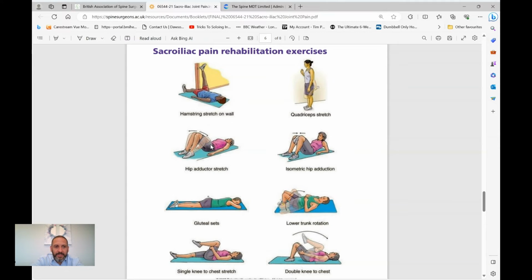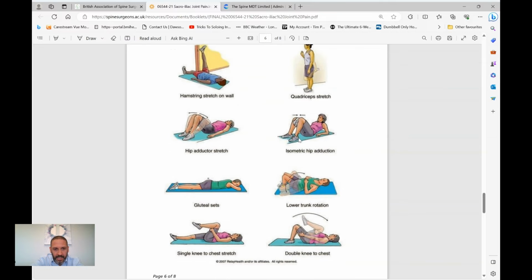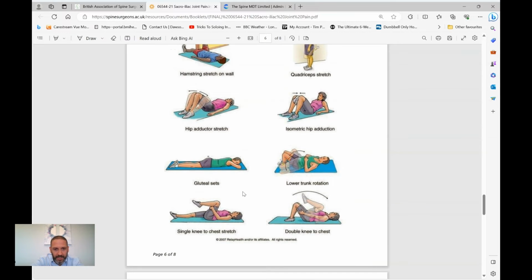Again, do a few reps of that, holding the stretch for a few seconds. Another one is using either a ball or a cushion between the knees, and then compressing them with your knees. And there's more exercises that are in more detail in the actual booklet itself.